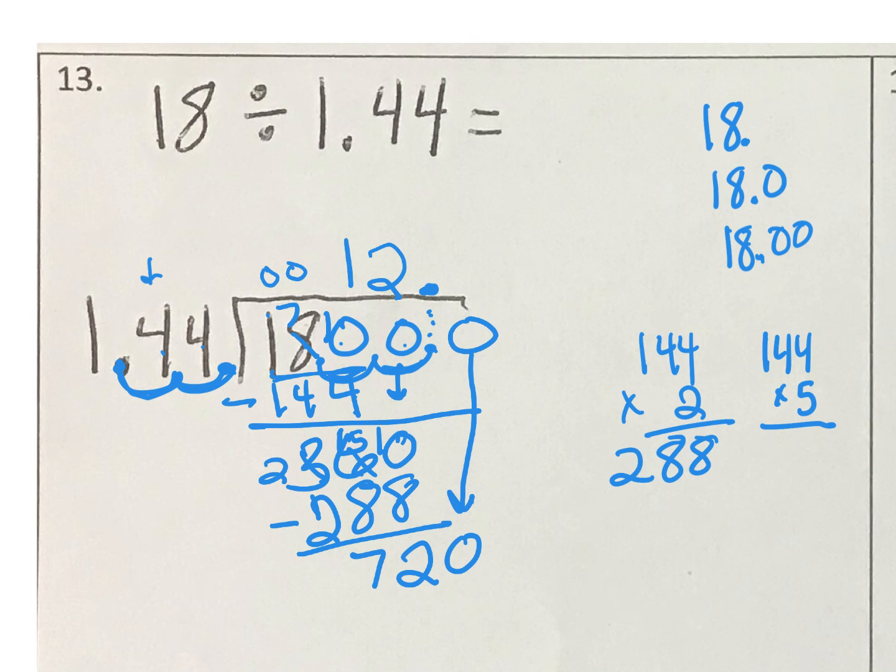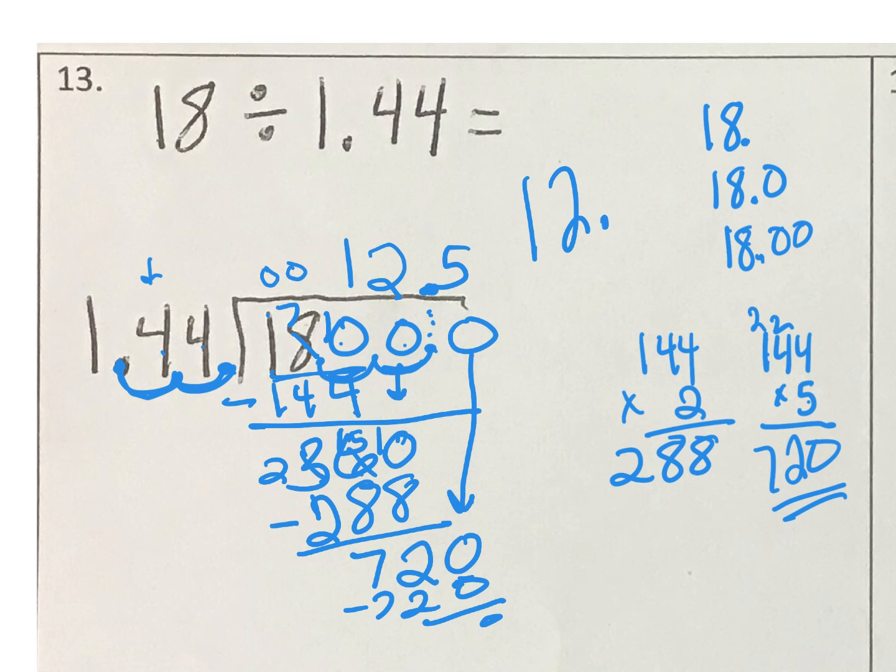I picked 5 because 4 times 5 I know is 20, and it ends in a 0, so that's 0. 4 times 5 is 20 plus 2 is 22. 5 times 1 is 5 plus 2 is 7. Ooh, 720. Got me the exact thing. So I put my 5 here. 720. Subtract that out. And that gets me 0. So the answer is 12.5.